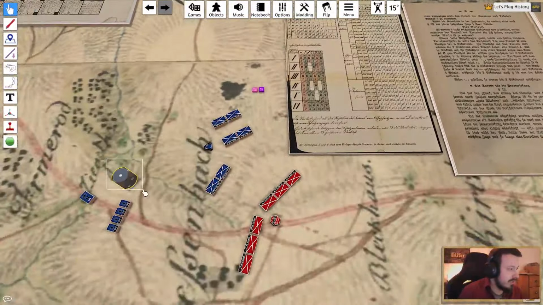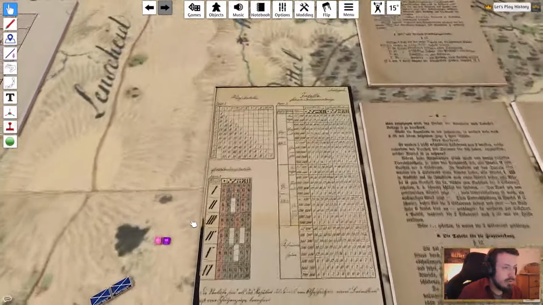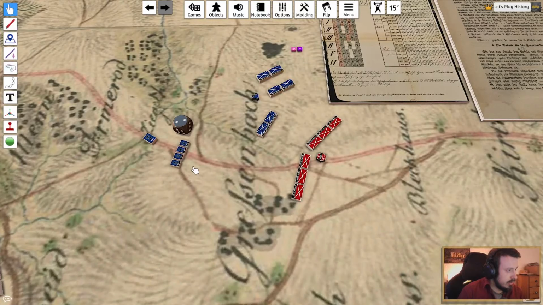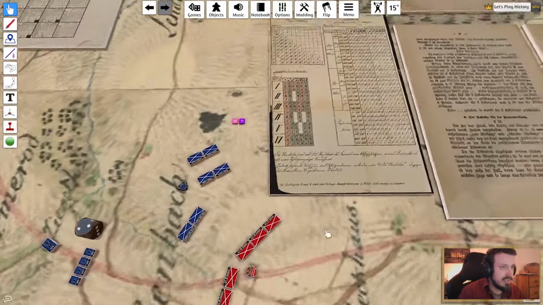We roll the die for the battery. A 2, is it for good effect? Well, they are on sort of a hill here, shooting along a major road, but terrain is rolling. There are some trees over here which might expand, so I guess that is not to good effect.